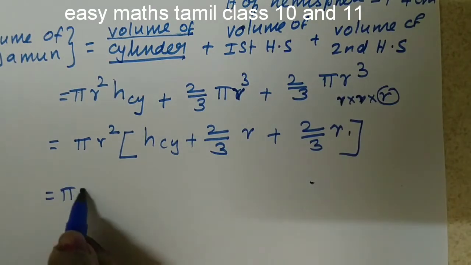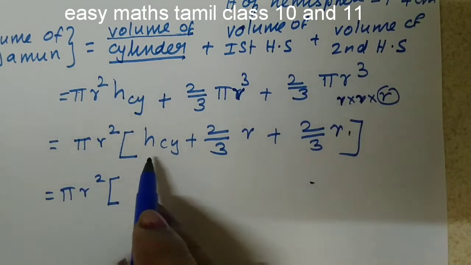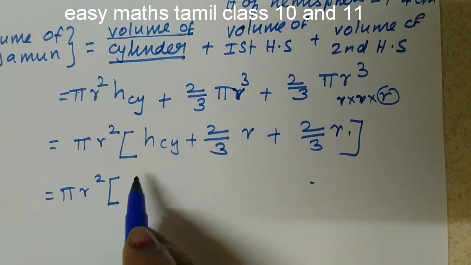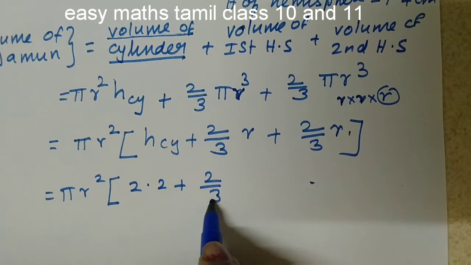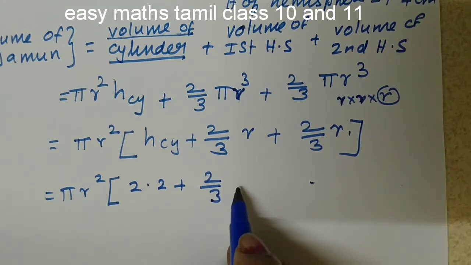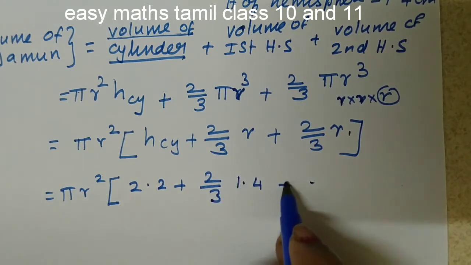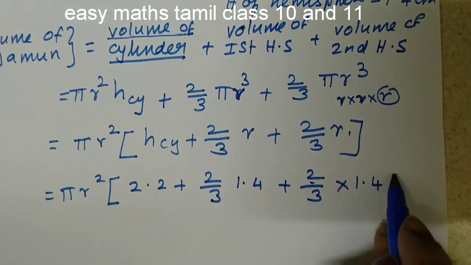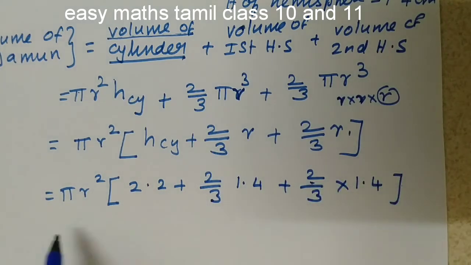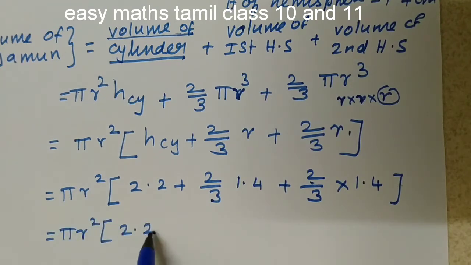So pi r square into, substituting the height of the cylinder 2.2 plus 2 by 3 into the radius of the hemisphere 1.4 centimeter plus 2 by 3 into the radius 1.4 centimeter.